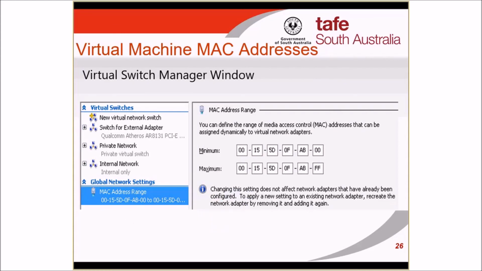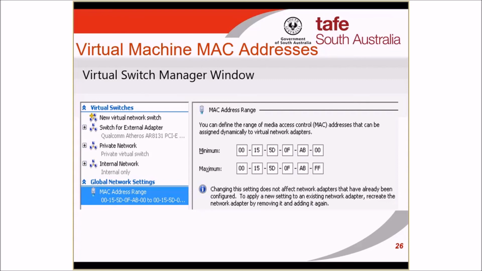Virtual machine MAC addresses. So we all know what a MAC address is, hopefully. It's basically the addressing that's part of your network card, and on a physical machine that's written on your network card, half of it is a vendor code, half of it is unique. On a physical machine, pretty much you don't need to worry about MAC addresses. It's there, it's unique, it's different.